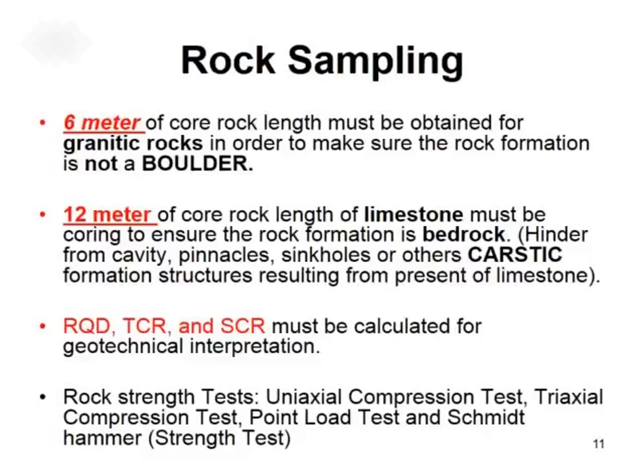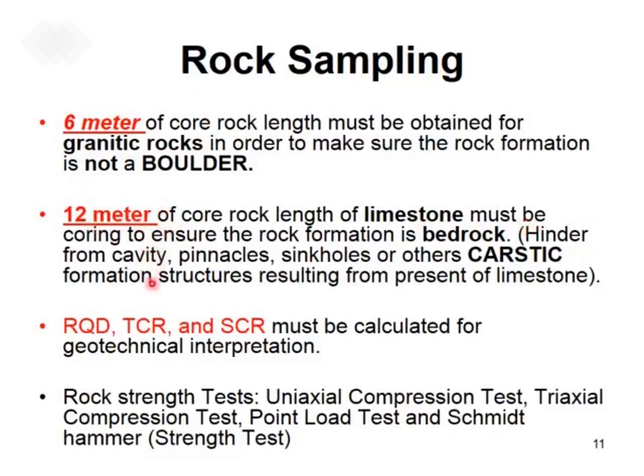Okay, for rock sampling, typically it requires two dimensions. For example, for granite rock, the dimension of core is about 6 meter. Meanwhile, for limestone, which is a sedimentary rock, it requires 12 meter.